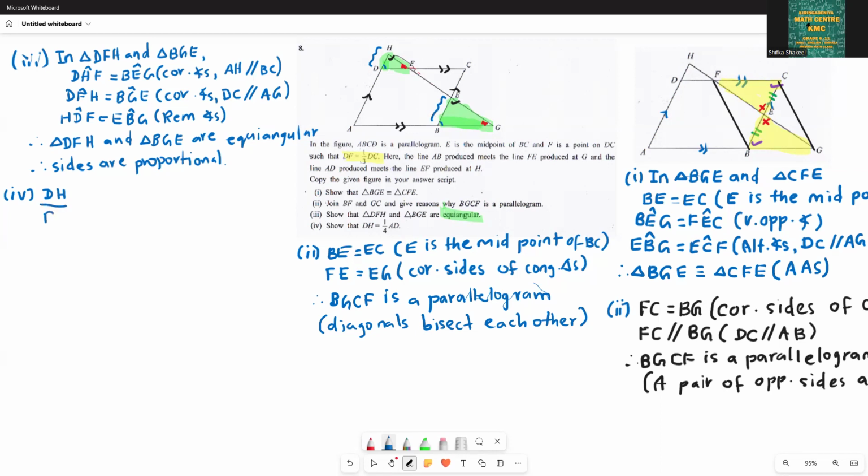Since the sides are proportional, DH over BE is equal to DF over BG. In equiangular triangles, the sides are proportional.